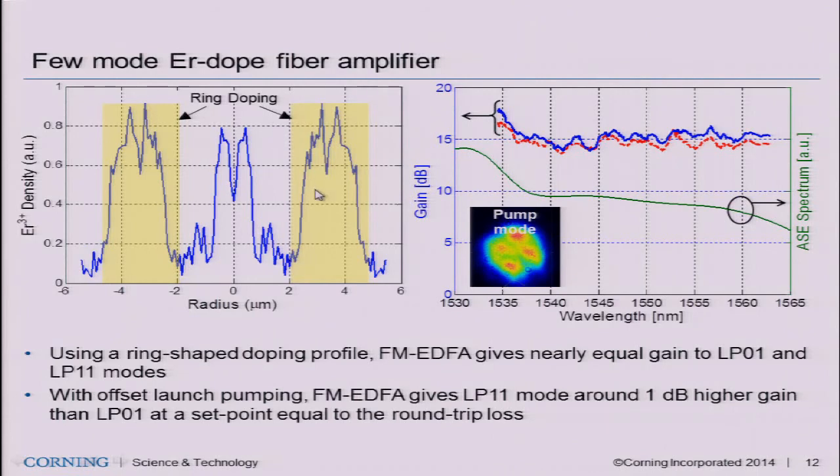The two modes are going to have different gain, which is not desirable for the transmission. What we did, we modified this design by adding a ring structure around the core. In this way, we can equalize the gain for the two modes, as shown here.